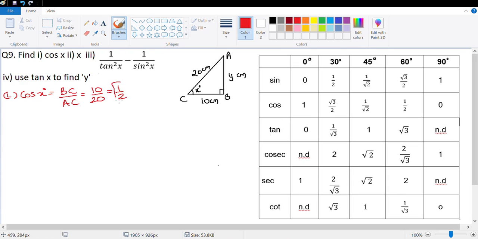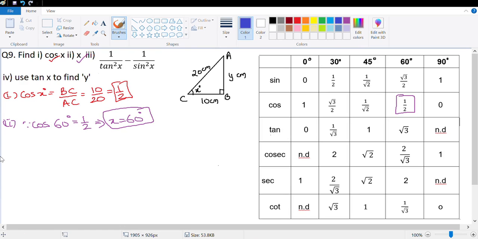So we've got the value of cos x. Part 2. Now since cos, which value of cos is half? Yes, cos 60 degree is half. Since cos 60 degree is equal to half, this means x is equal to 60 degree. So second part of the question done. X is given equal to 60 degree.